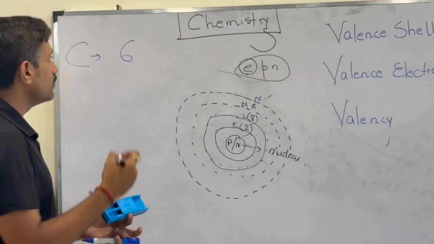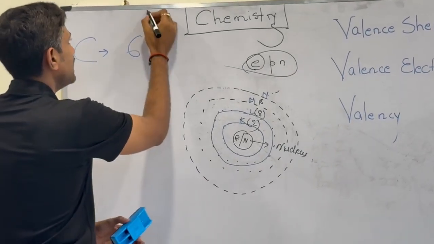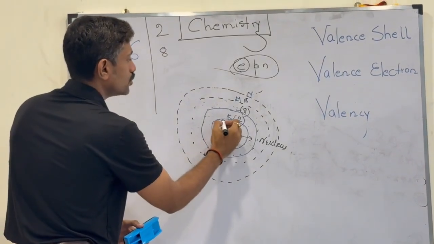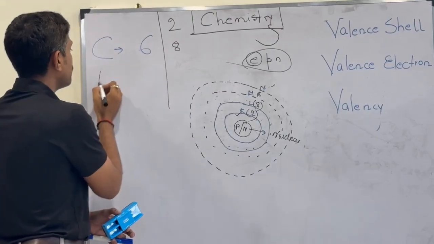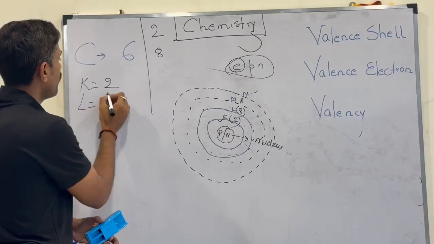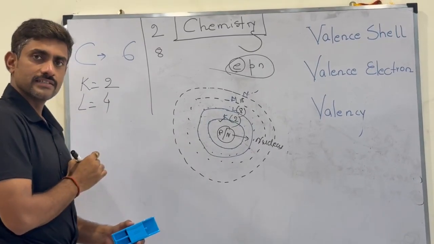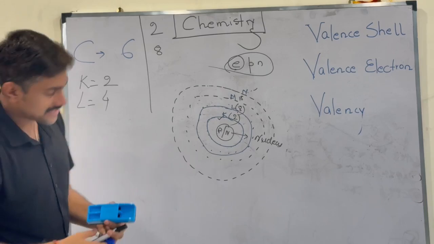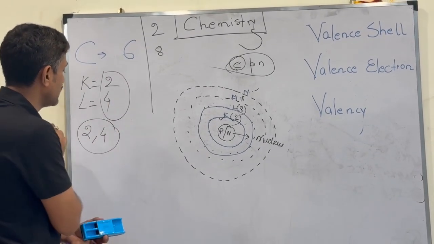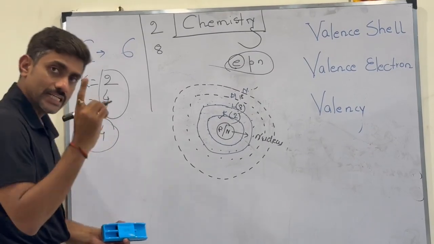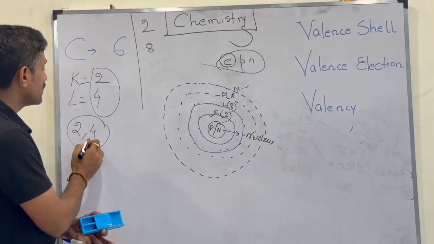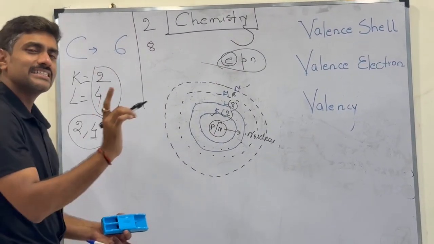Okay, so the electrons will be placed as, let's make a table. 2, 8. 2 must be kept in K. So K will have 2, then out of 6, L will have 4. Did you get that one? Carbon 6. Yes. So the atomic configuration is 2, 4. This is how you have to write. It means in the first shell, you will have only 2 electrons, and in the second shell, it can have a maximum of 8 electrons, but it will have only 4 electrons because carbon has only atomic number 6.